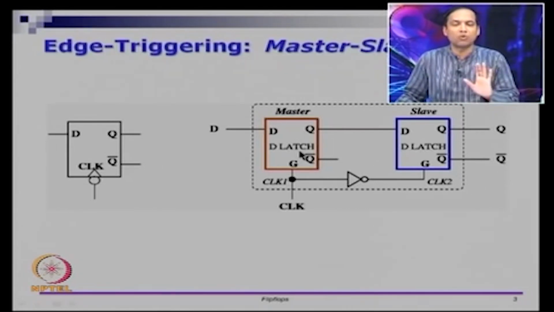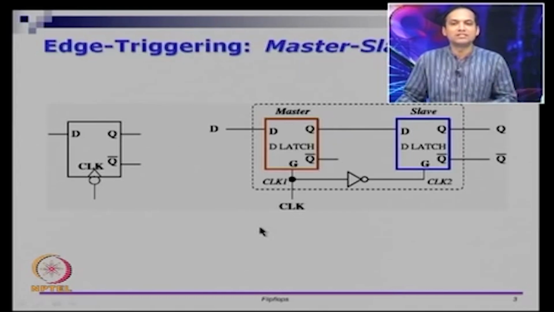So, the first thing I want you to see is this fact: since G is the enable, when CLK is on, master will be enabled and slave will be disabled, and when CLK is 0, master will be disabled and slave will be enabled.